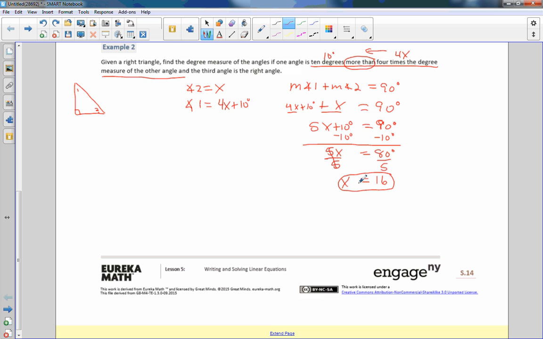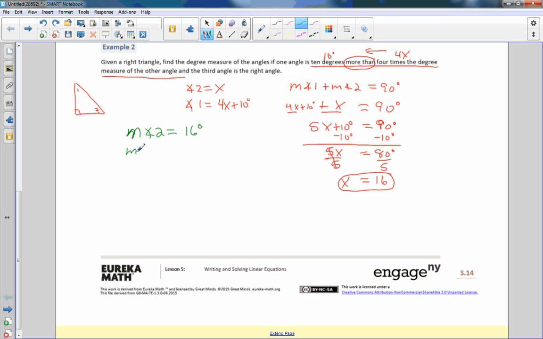Okay, so we have to get out of the habit of stopping when we find a value of a variable. What you need to do at this point is go back and read the question, and what is it asking? Find the degree measures of the angles. So now I'd say the measure of angle 2 equals x.